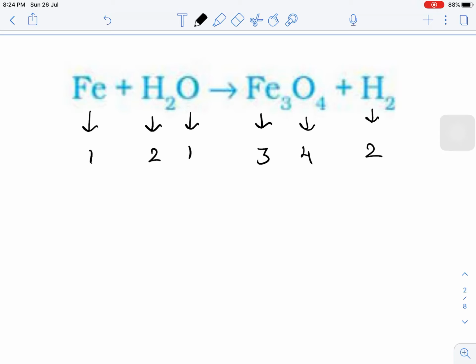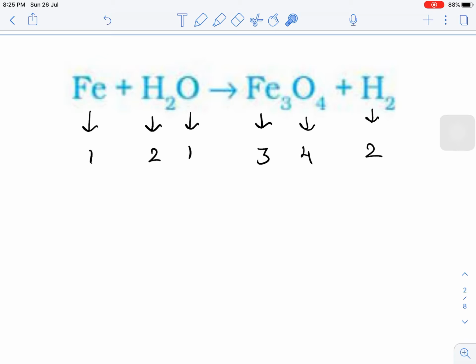Now we have to check, is it balanced or not? Here we have 1 iron, here we have 3 iron, so clearly it is an unbalanced reaction. Here we have 2 hydrogen, here also 2 hydrogen, so hydrogens are balanced. Oxygen, here we have only 1 oxygen, but here we have 4 oxygen.